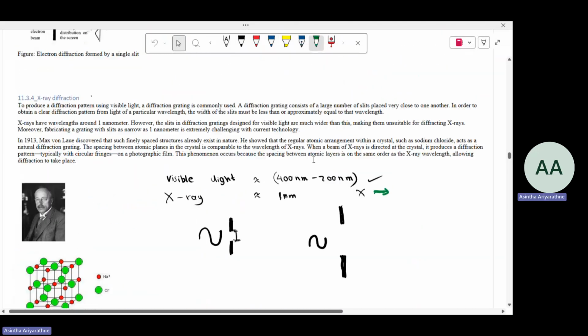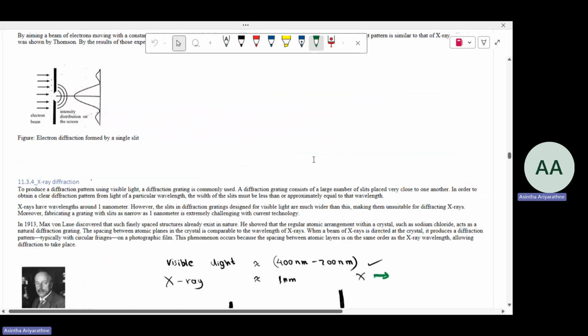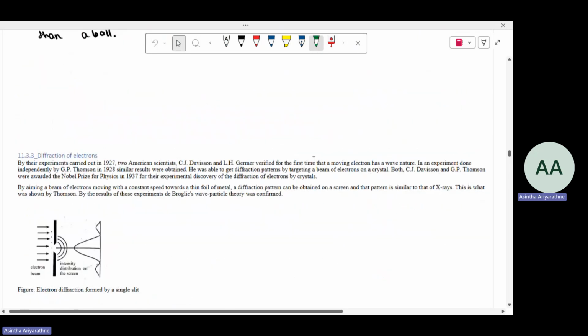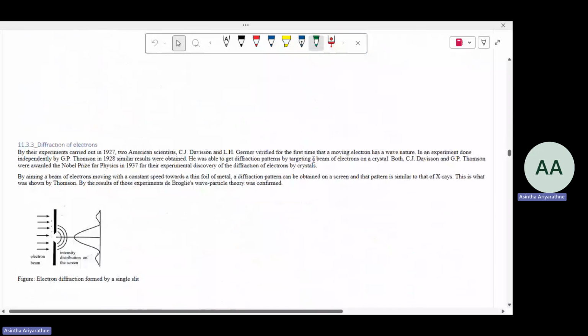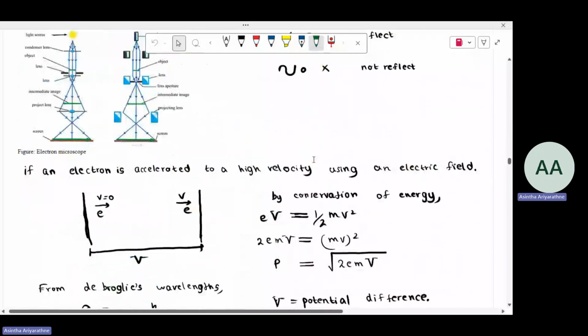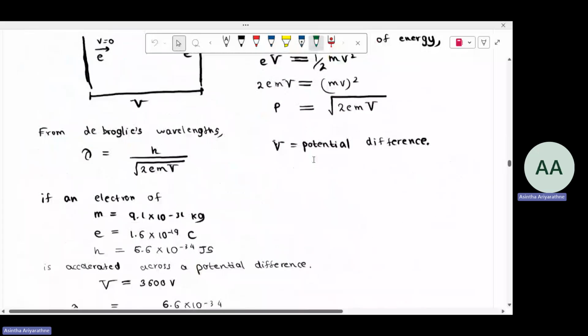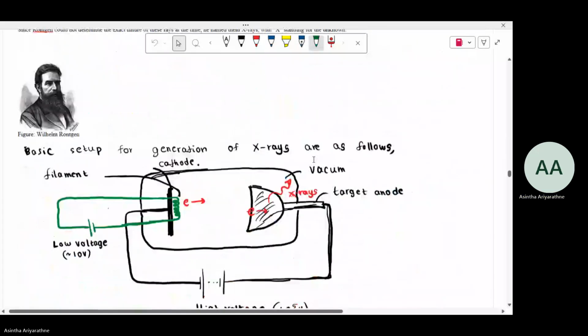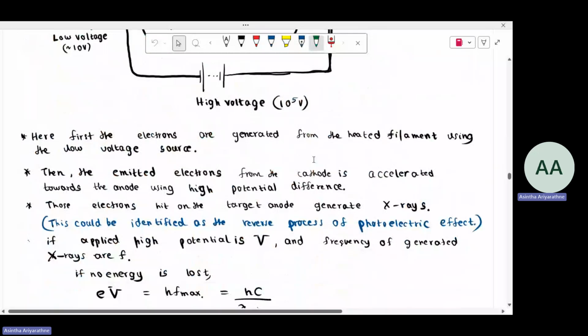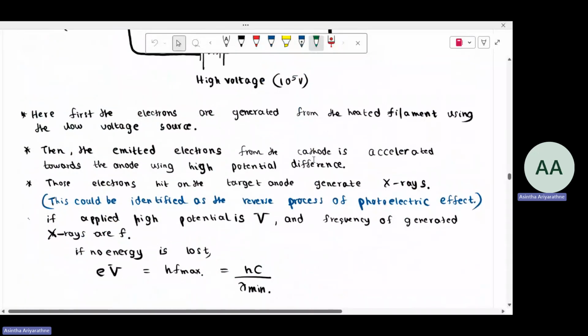So in this session, we basically talked about wave particle duality, de Broglie's equation, the formation of X-rays, and how the electron microscope works. X-ray formation is just the reverse process of the photoelectric effect.